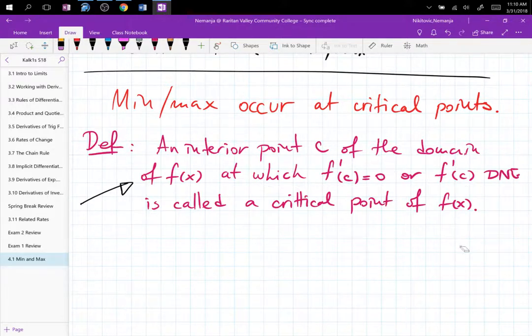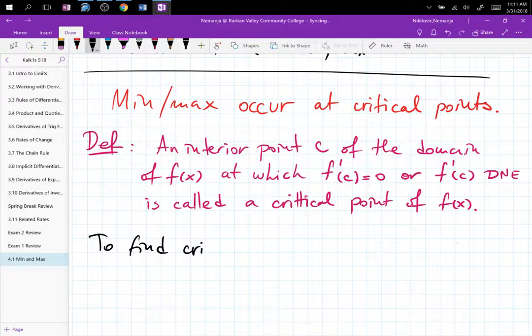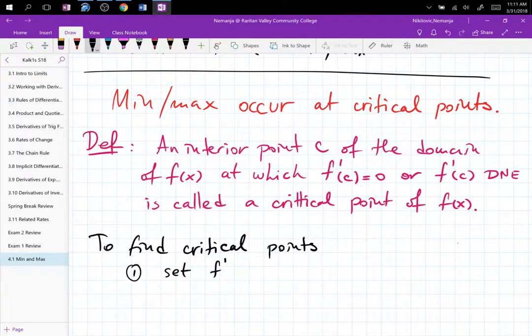That's D and E. So, in other words, to find critical points, number 1, set f prime of x equal to 0, or number 2, f prime of x does not exist.